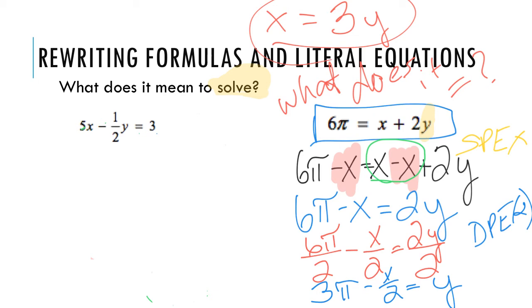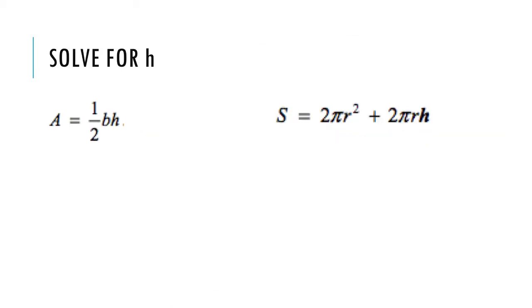So let's look at another couple of examples real quick. In this case, we're being asked to solve for h. Both of these we're going to solve for h. You see where our h is on both of these. So let's start with this one on the left. First thing I'm going to do is multiply both sides by 2.